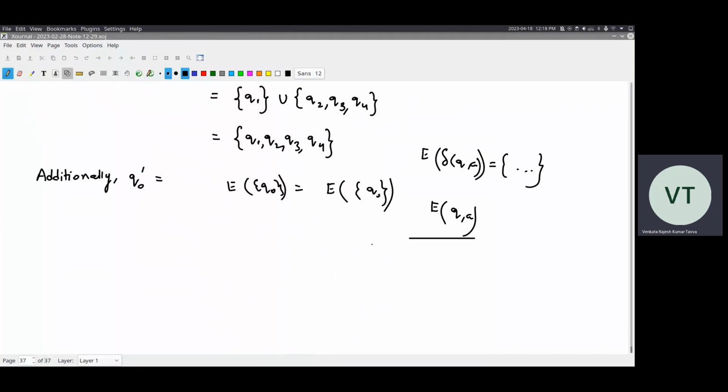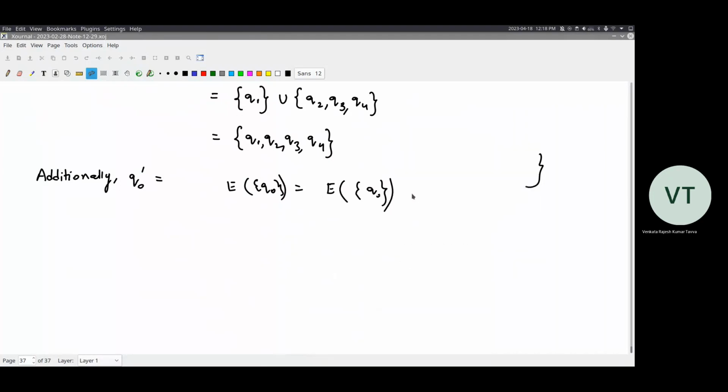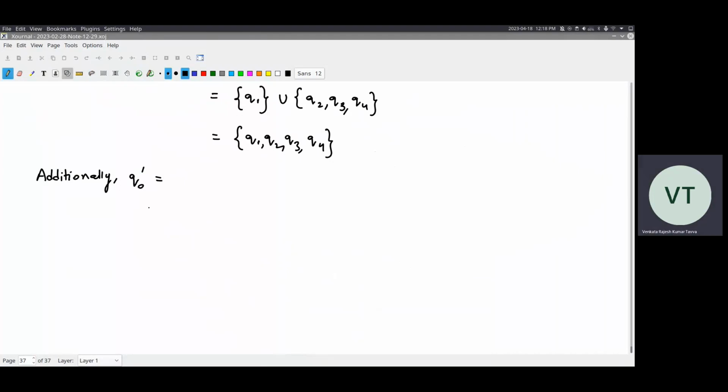But E at any point of time takes a set as input, not a pair, not a tuple. Okay, so this will be E of Q0.